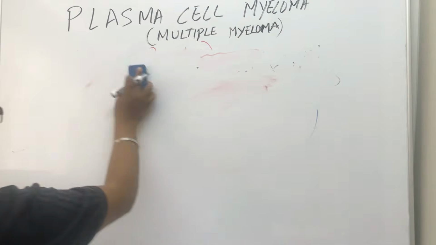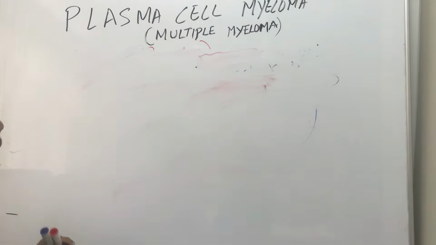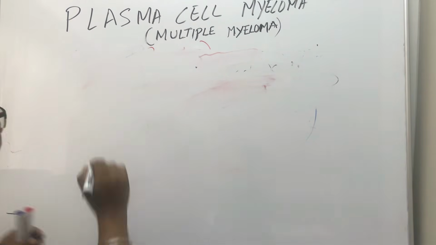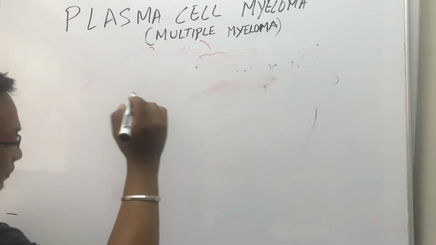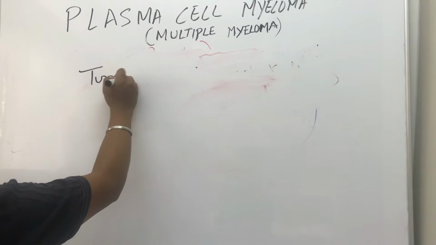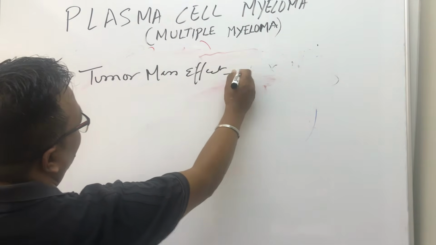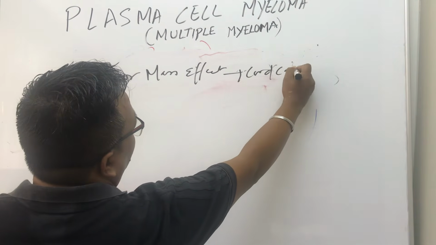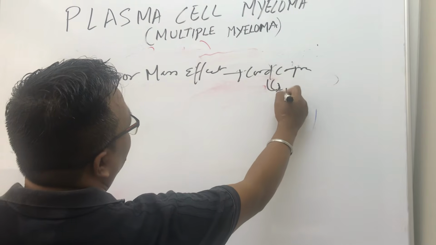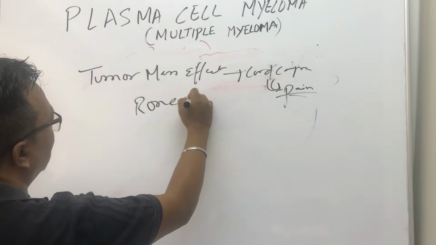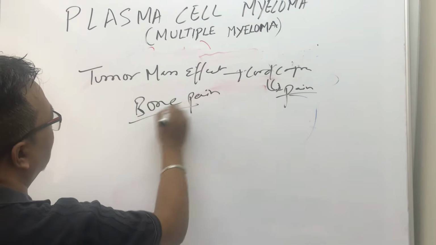When you see multiple myeloma, you have to understand that, as I told you in pathophysiology, there is tumor mass effect, which can lead to cord compression, and this is what leads to all the bone pain, which is very common.